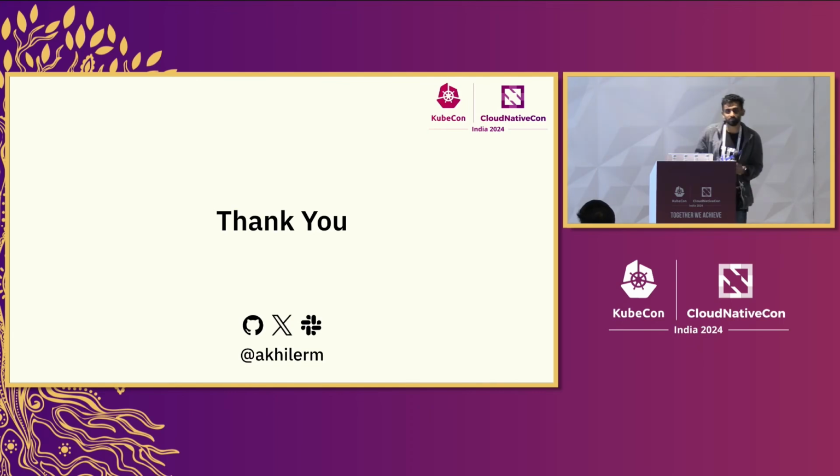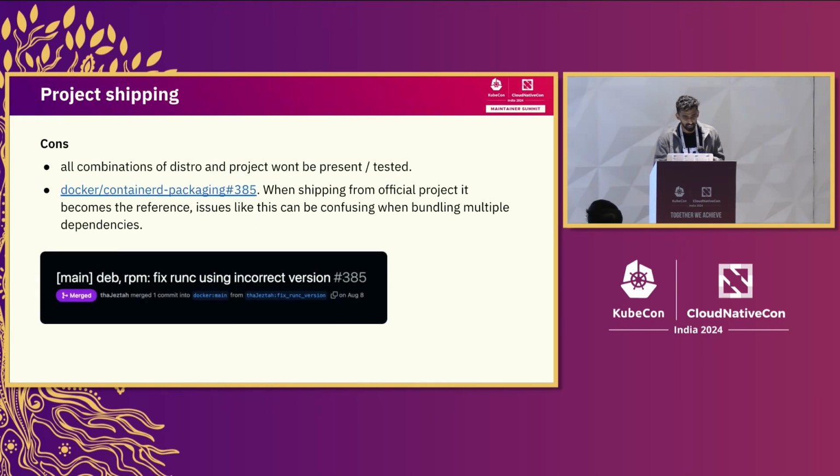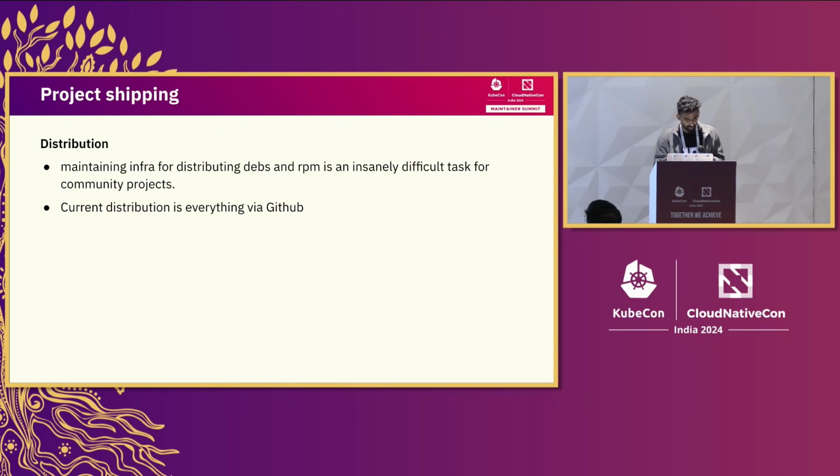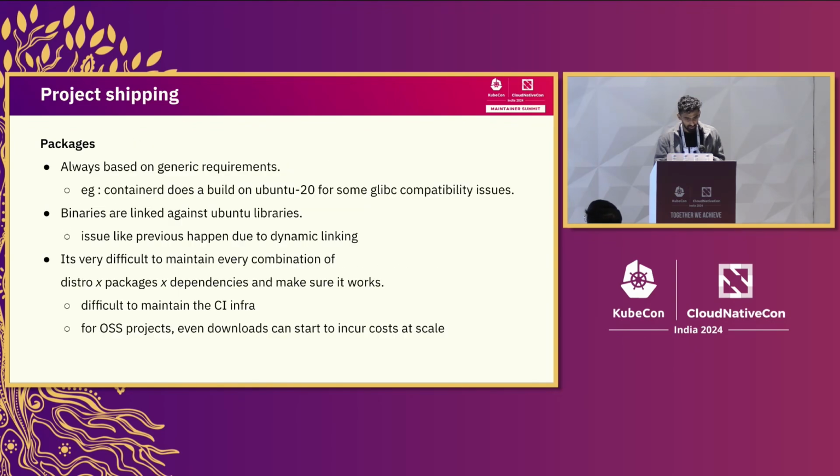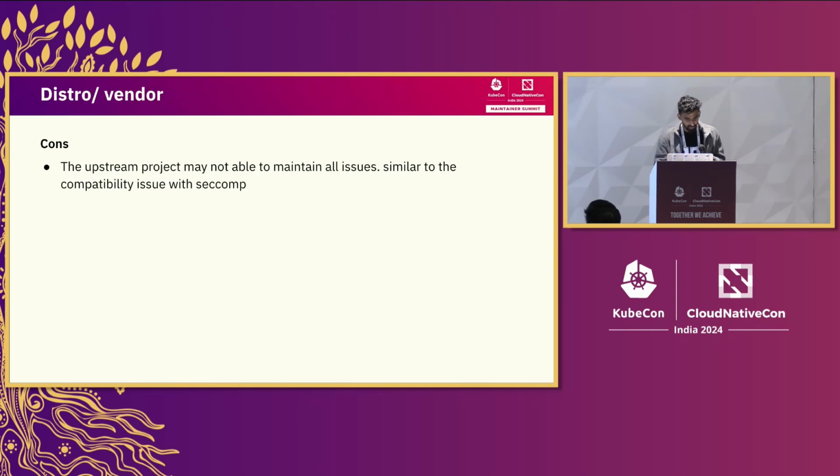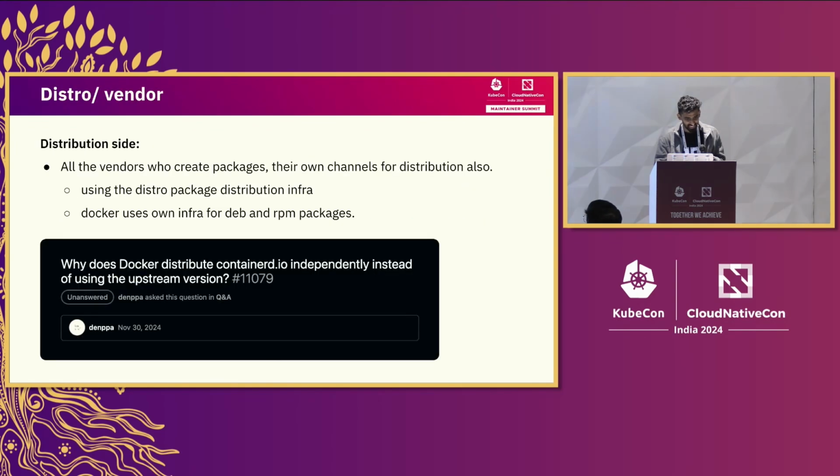There's a question. Just very quickly, I want to understand where the discussion is going around containerd officially supporting the Debian packages for Ubuntu. Yeah, it's actually happening in the same thread that I mentioned, issue 0079.